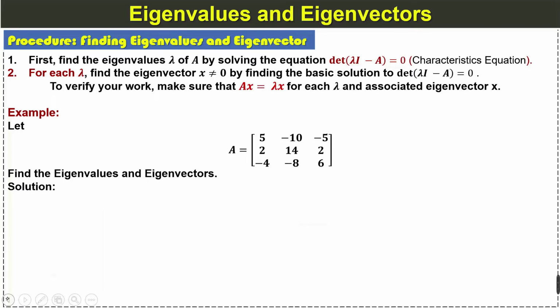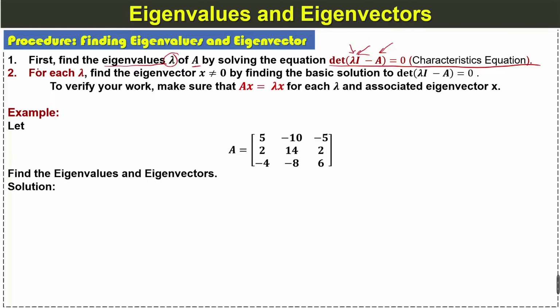First we discuss the procedure for finding eigenvalues and eigenvectors. The first step is to find the eigenvalues lambda of A by solving this characteristic equation, where lambda is multiplied by the identity matrix and A is the given matrix.